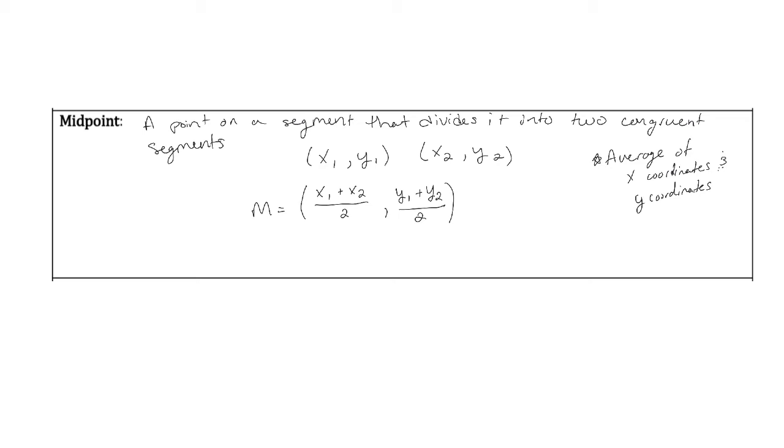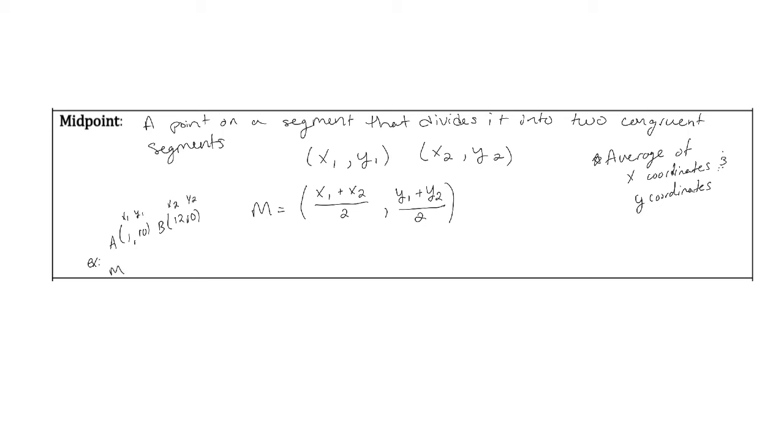So if we think back to that problem AB, A was at (1, 10) and B was at (12, 10). This is your x1, y1, x2, y2.